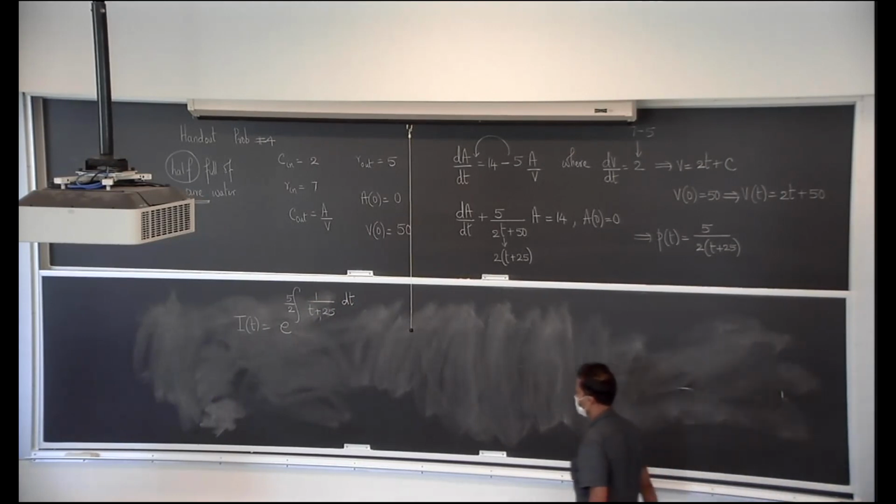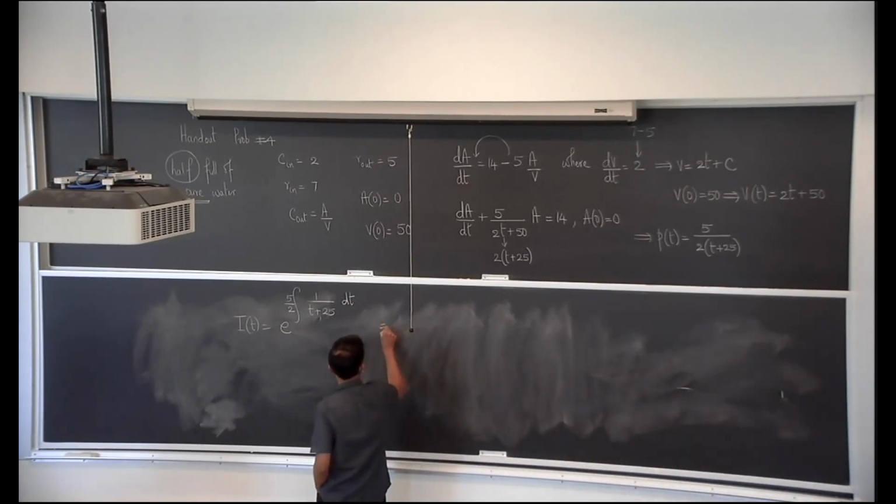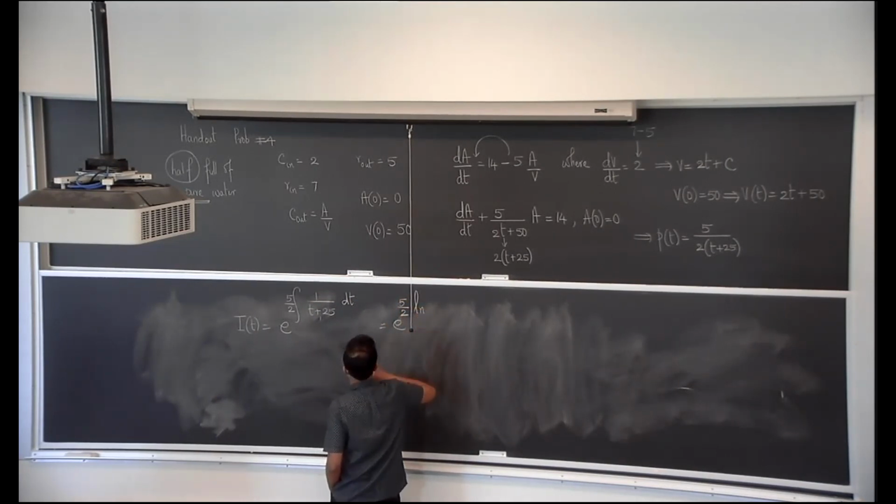All right, so it's going to be e to the power of 5/2 times the natural log of t plus 25.